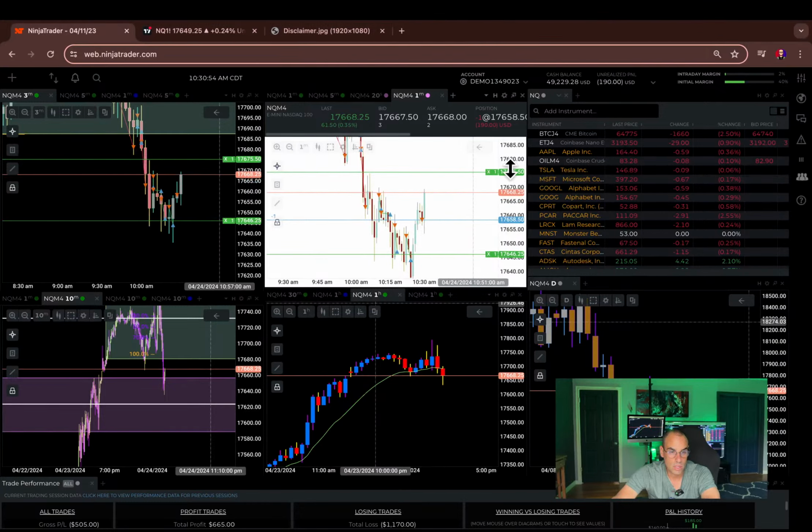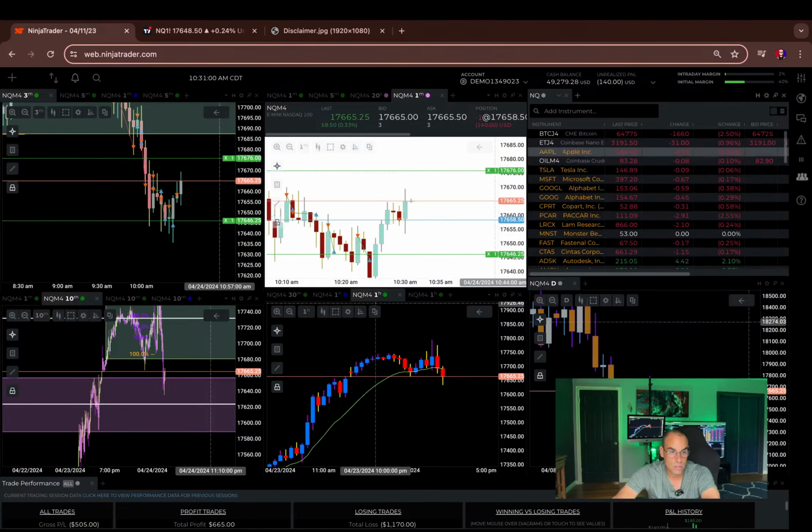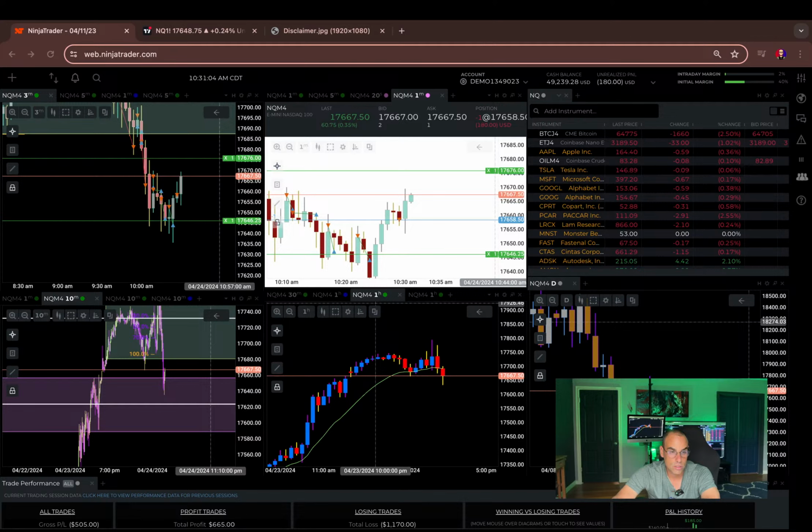Just give a little bit more room, just a couple of ticks. It has the characteristics of a flip with a nice mitigation of the area. So maybe it was the flip. But that's better. I like that.